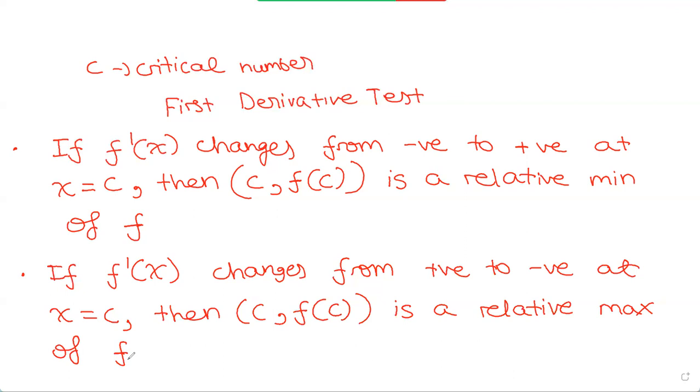So now let me explain to you what these things are. The first point stated that when f prime of x changes from negative to positive, there is a relative minimum. So we all know that when the derivative is negative, it'll be downward sloping, something like this.